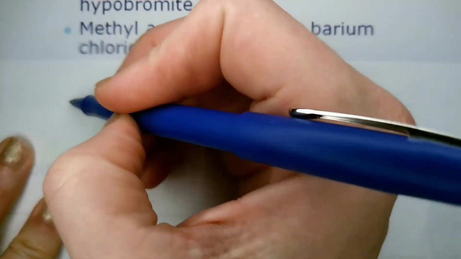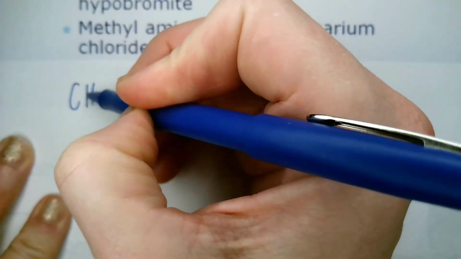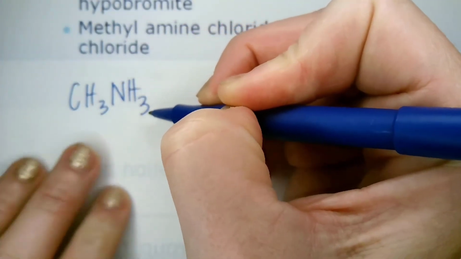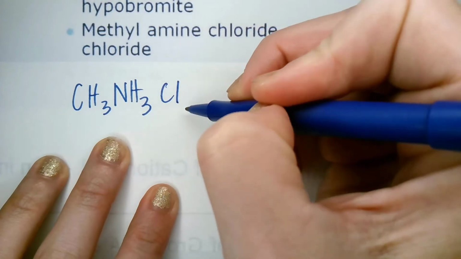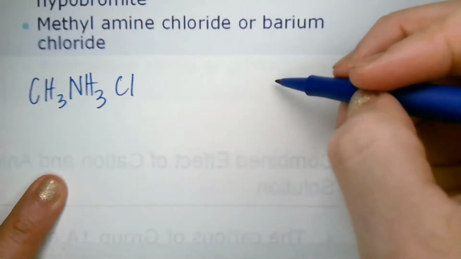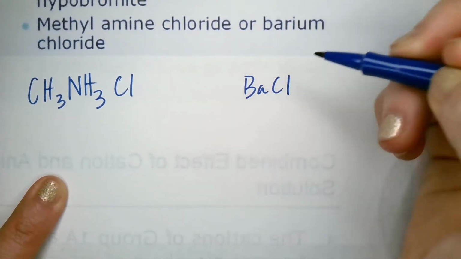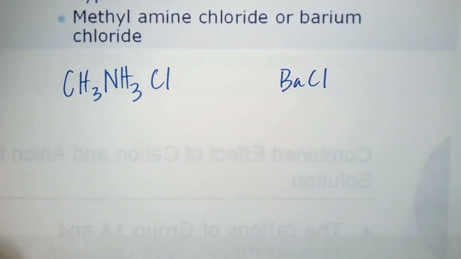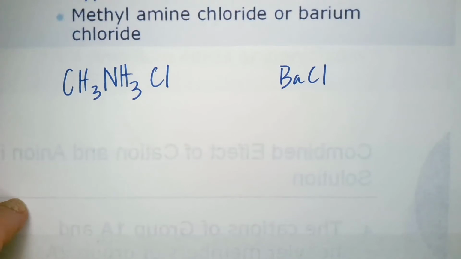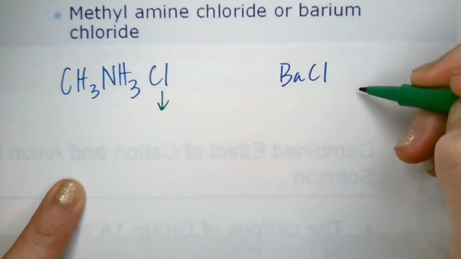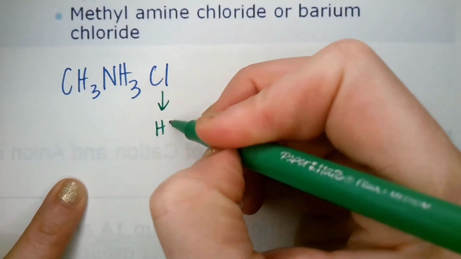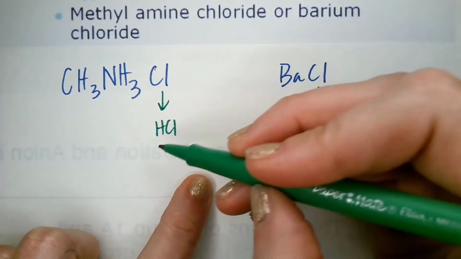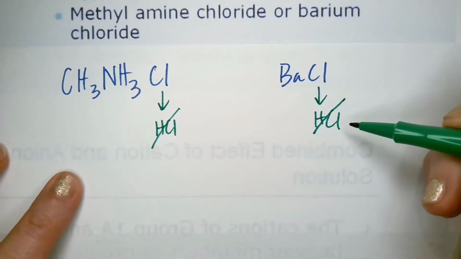Let's look at methylammonium chloride or barium chloride, and see who's more acidic. So methylammonium, I think we just did that on the last slide, CH3NH3Cl, and barium chloride, BaCl2. So let's arrange this a little bit differently. The parent acid for Cl- would be HCl.